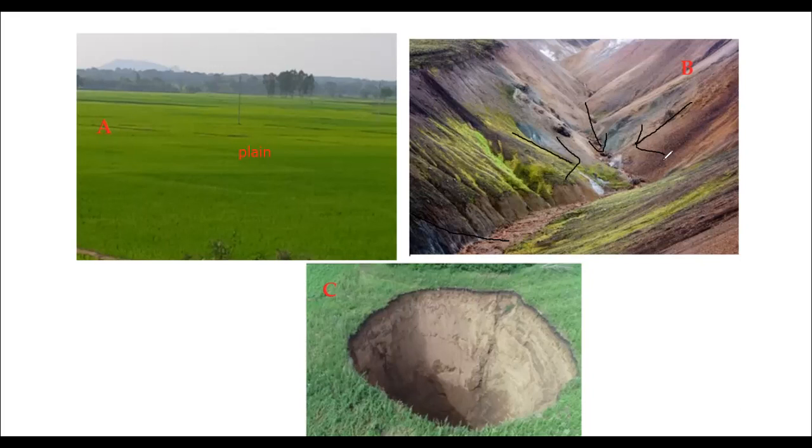So it's rising in this direction, this direction, this direction, and then it's descending in this direction. So what we're looking at is a valley, and this is a V-shaped valley. Notice the plane has not been created as yet. And so what we see here are our spurs. Our spurs are our highland areas that are jutting out towards the lowland area, which in this case is a valley.